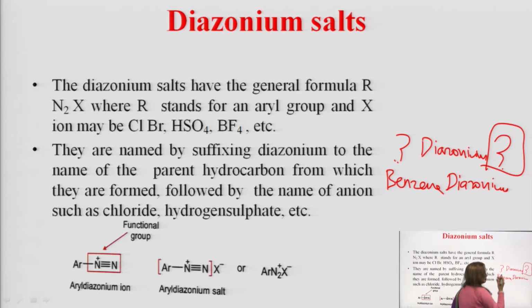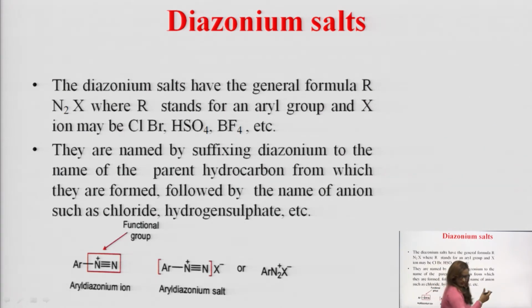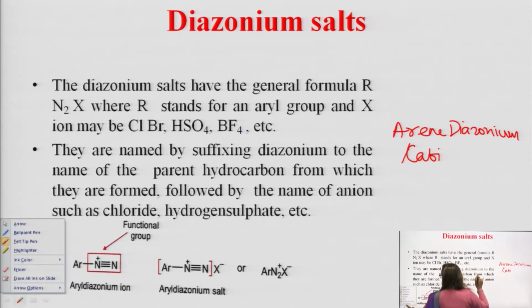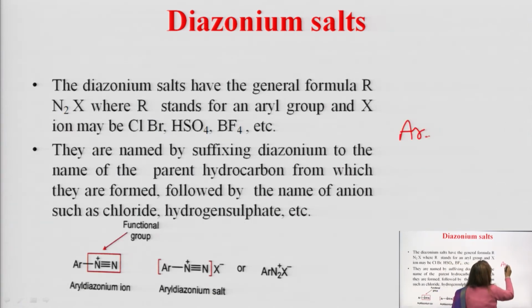the cation, oh sorry, you have to write the anion. The anion here is chloride, so the name becomes benzene diazonium chloride, or you can say the general name becomes arene diazonium anion, right?